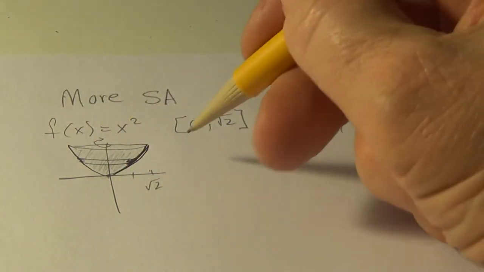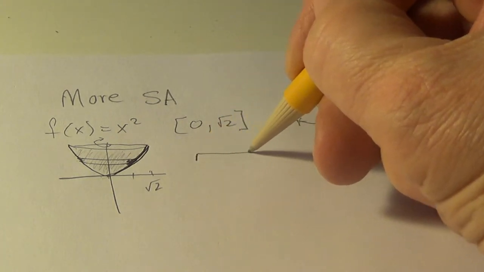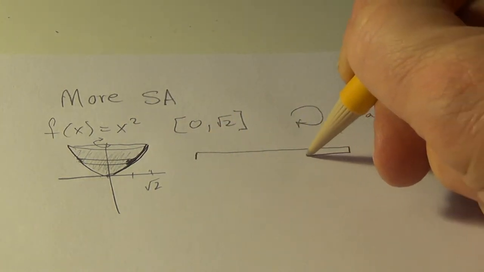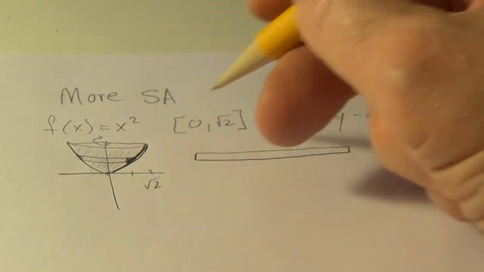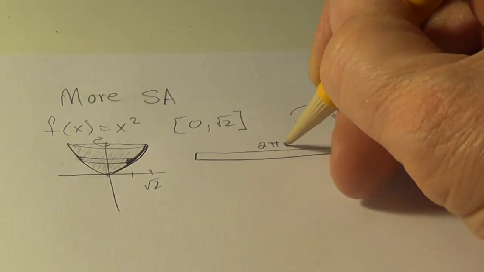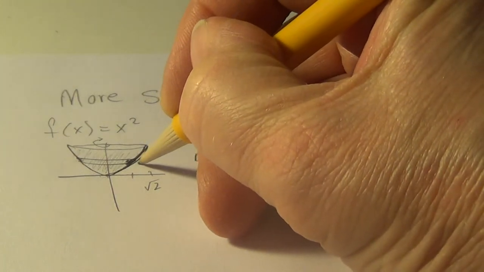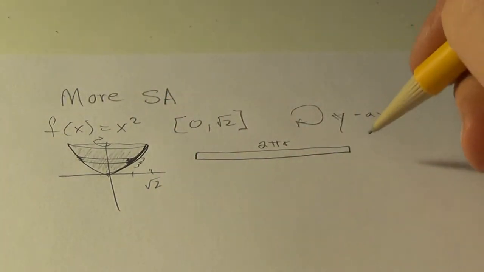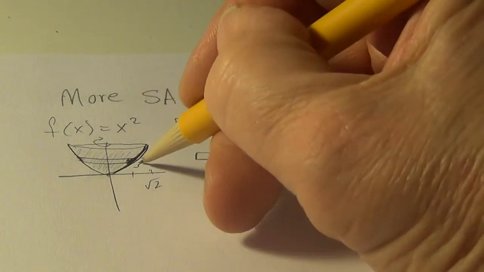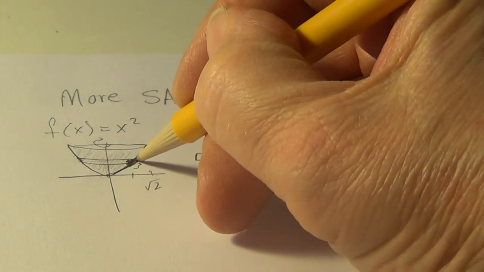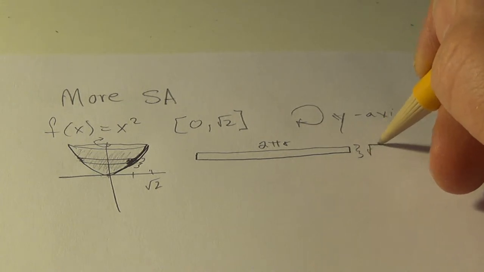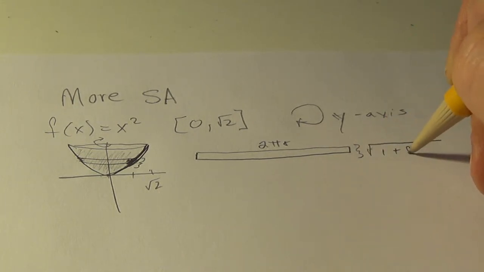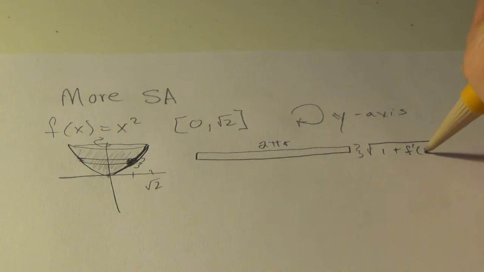If I take that ribbon off and lay it across, we recognize that the length of the ribbon was the same as the circumference, 2 pi r, and the width was the tricky part yesterday, no surprise today, but that was the arc length from here to here. So the length of the segment, which was the square root of 1 plus the derivative squared, dx.